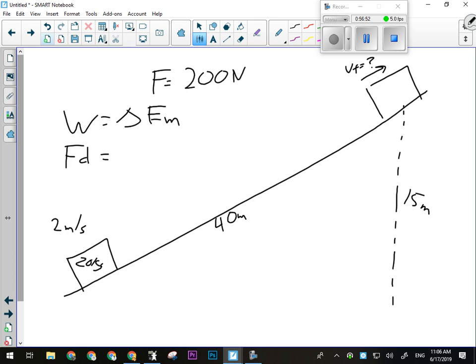That's going to equal the change in mechanical energy. So that will be m times g times h final plus 1/2 mv final squared, minus m times g times h initial plus 1/2 mv initial squared. I'm looking for vf.